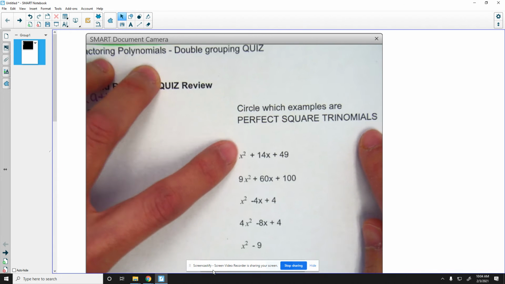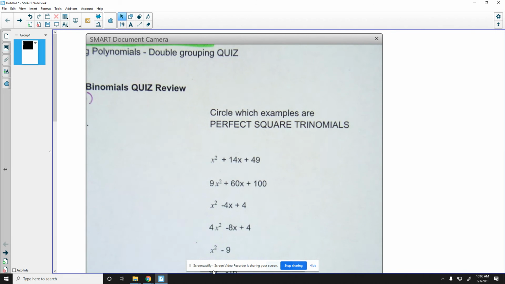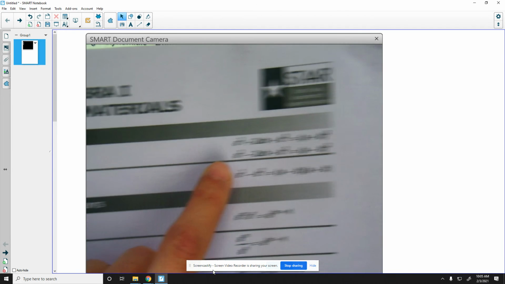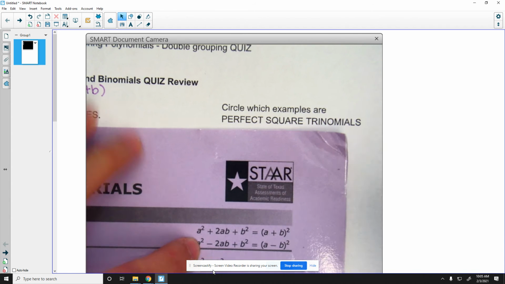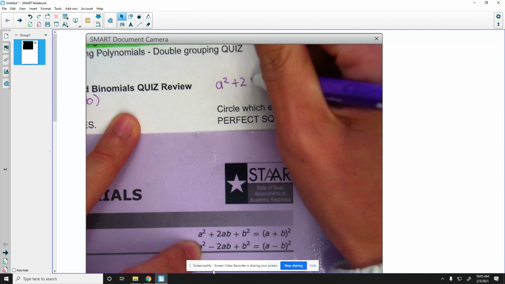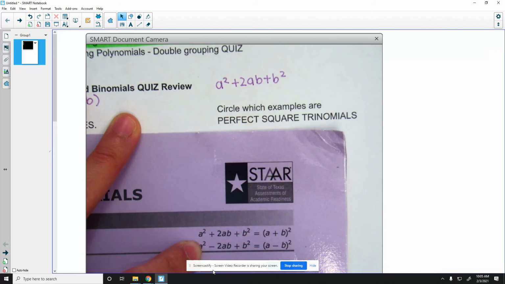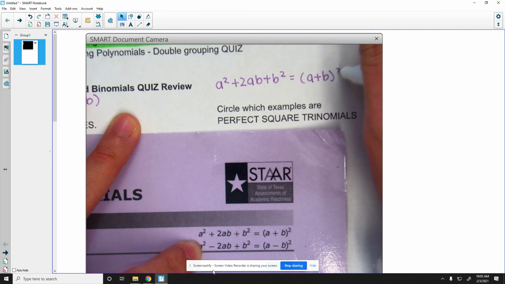Okay, so then the other one, you're like, which one is perfect square trinomials? So if we take a look at our star chart, perfect square trinomials looks like this, and there's 2 rules. So let's write them both down, okay? So the first rule is a squared plus 2ab plus b squared equals, parentheses, a plus b squared.